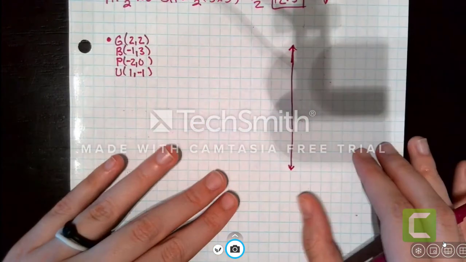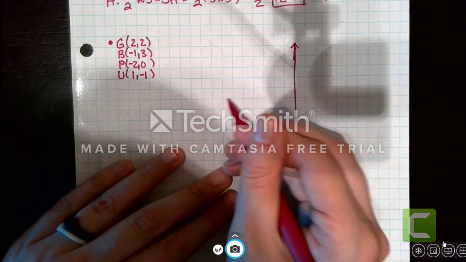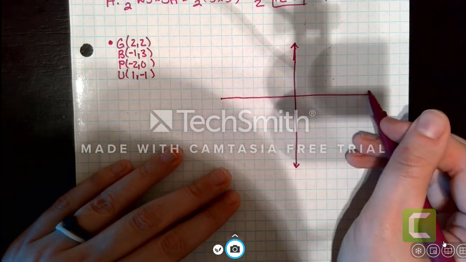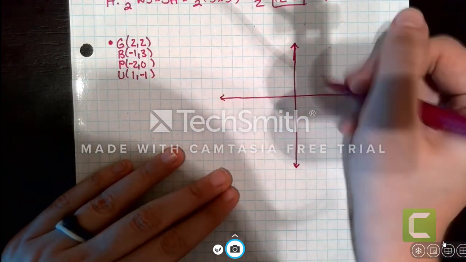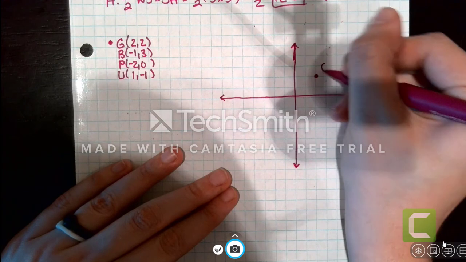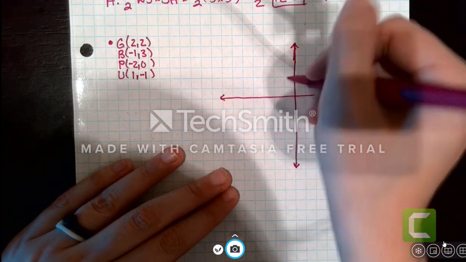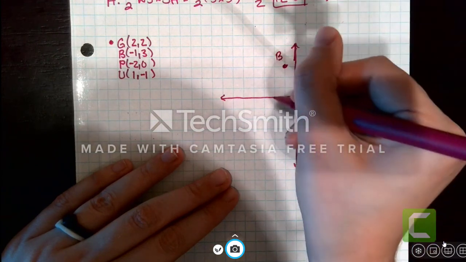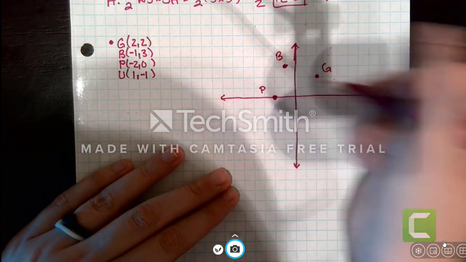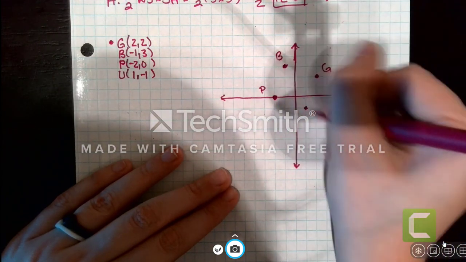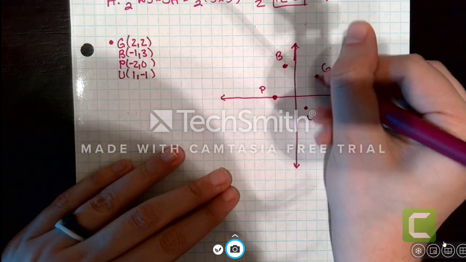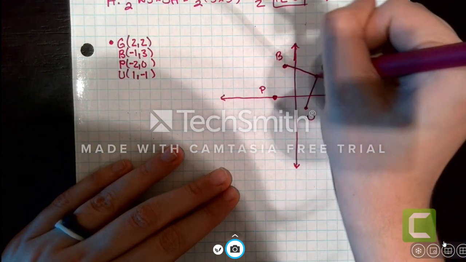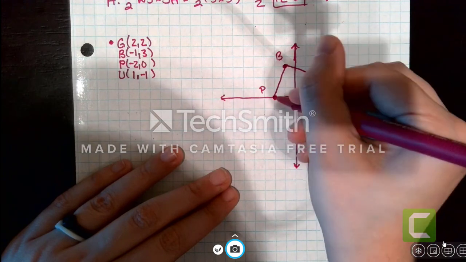I am calling it a rectangle, but when everything's graphed, it's also known as another shape. This is actually a square as well.